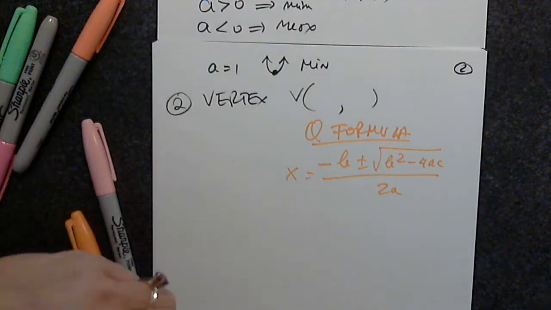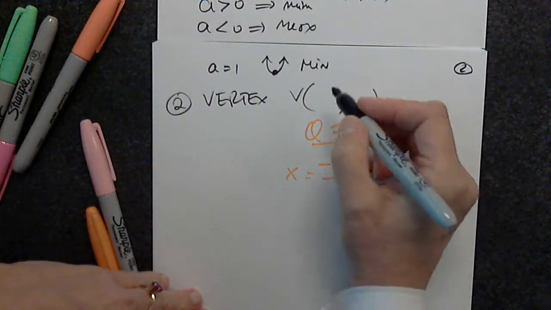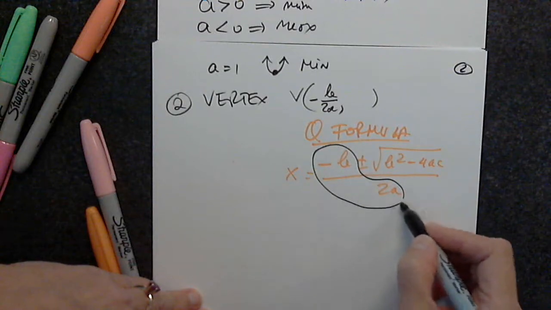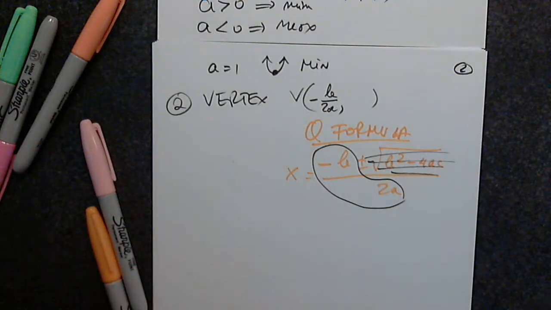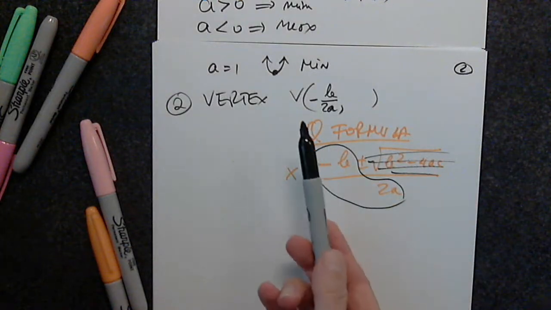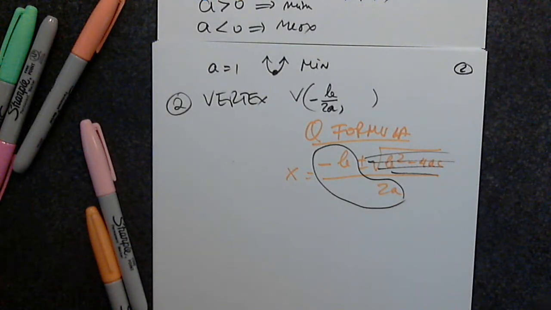Well, I would like you to connect the x-coordinate of the vertex, which is this. So the x-coordinate of the vertex, once you remember the quadratic formula, I'm assuming that you will never forget that the x of the vertex is this piece, what is outside of the square root in the quadratic formula.